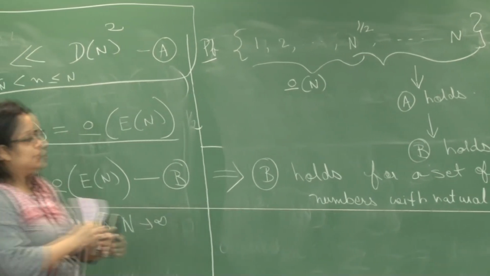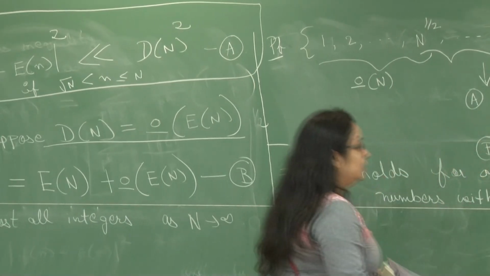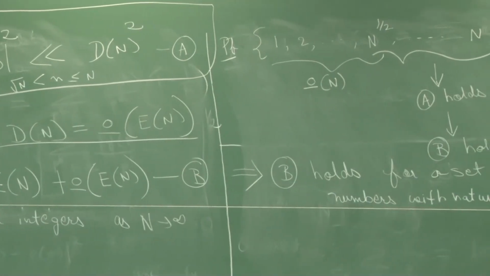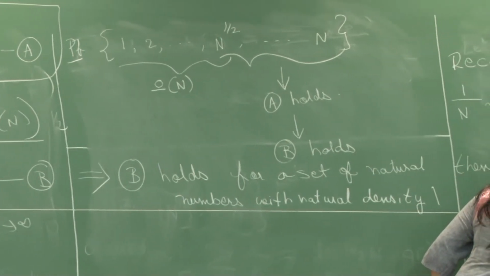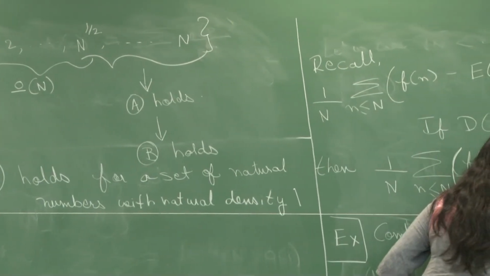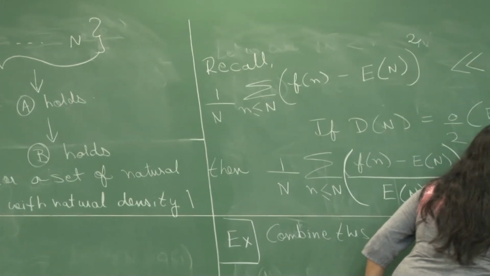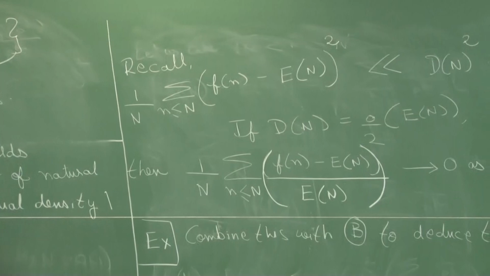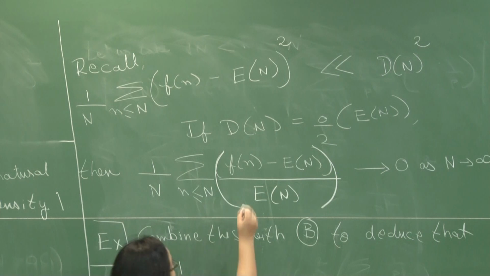So, combining this, here is an exercise for you, just fill in the details: combine the above with B to deduce that if I replace E of capital N with E of little n, then the same asymptotic would hold for almost all numbers n.